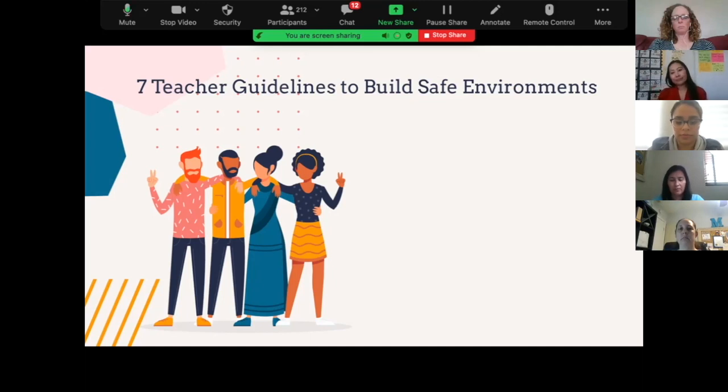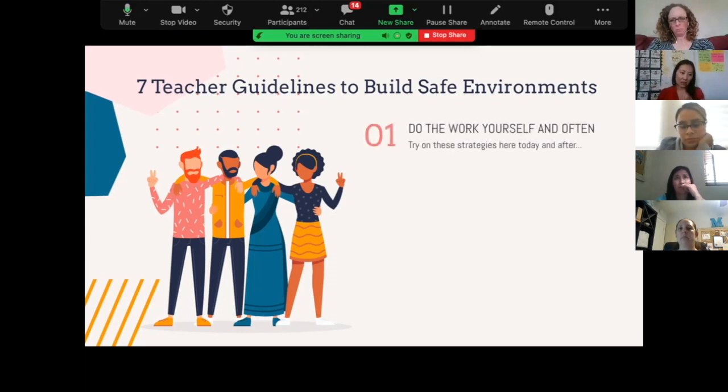So it really is important that as teachers, before we even begin the work of doing these types of activities with our students, we build safe environments. And a lot of that means guidelines even for ourselves.